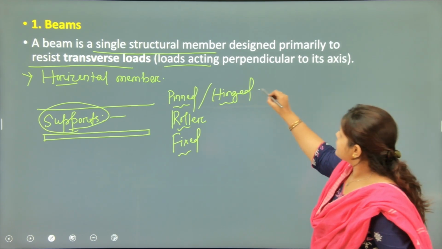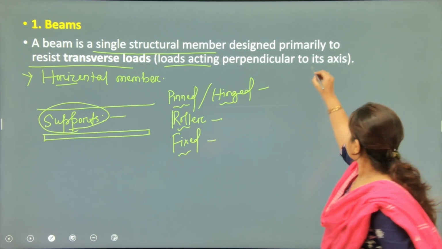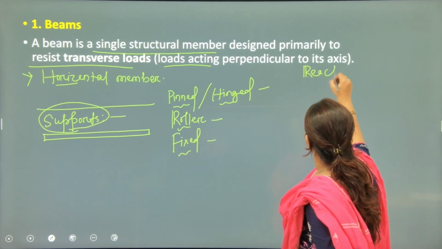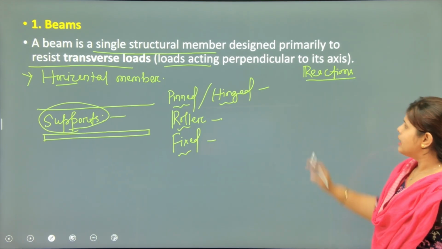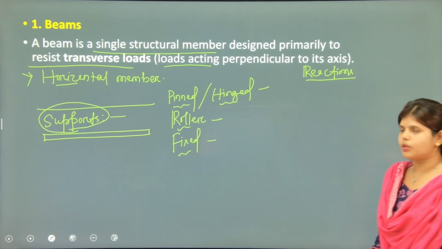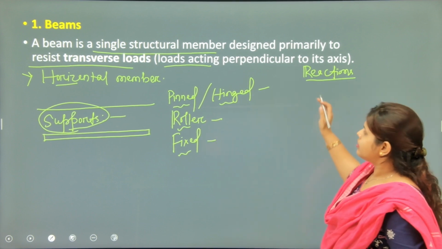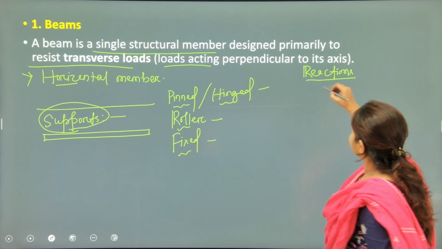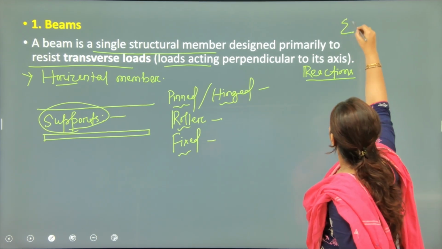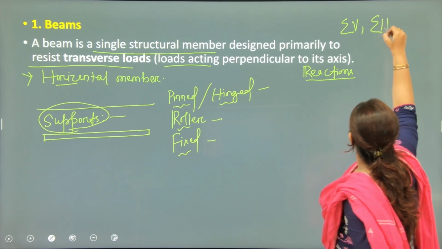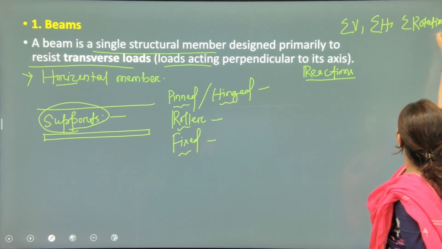The pin or hinge supports have reactions. When we have a pin or hinge support, we have to think about which direction of load the structure cannot resist: vertical direction, horizontal direction, or rotation, or you can say movement.